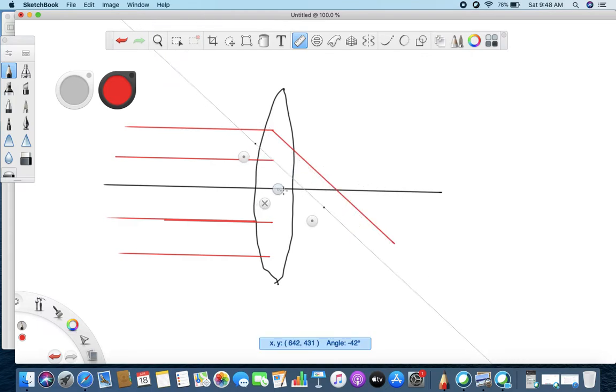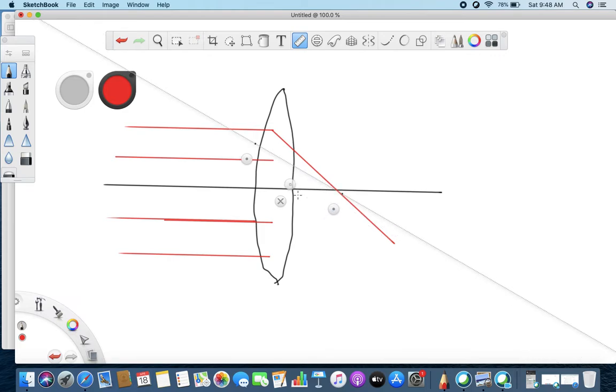Where the medium changes, they bend and they meet at one point.